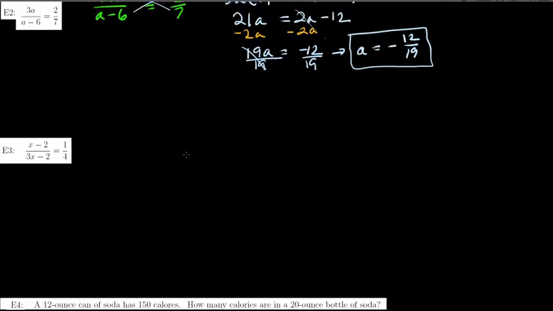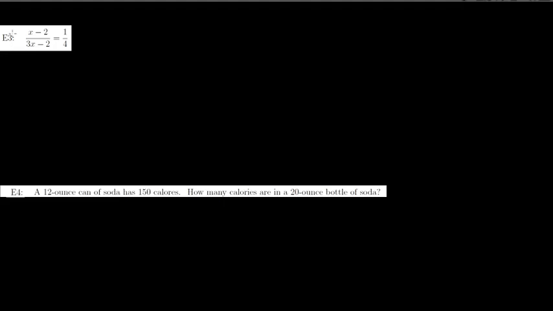We'll do one at a time though. Example 3: x minus 2 over 3x minus 2 equals 1 over 4. Now notice that we have a denominator here.